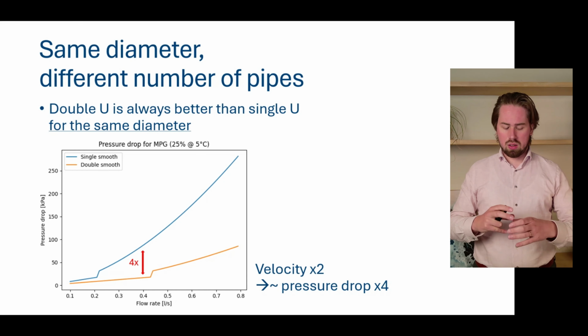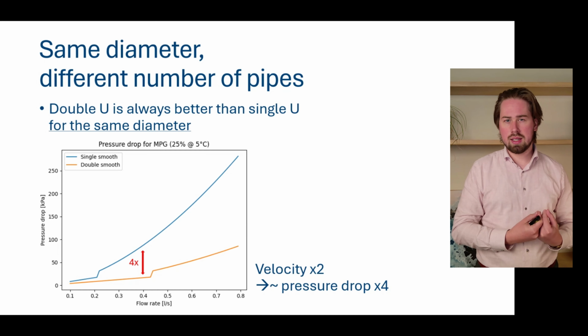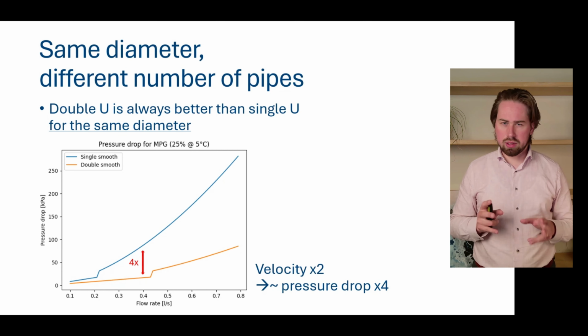In the case of a single U, it has to pass through that single U. So one U-tube gets 100% of the flow rate. If we have a W, it only gets half. So in the case of a single U, the velocity is twice as high, meaning the pressure drop is a factor 4 higher than in our W. So this is a very clear result.